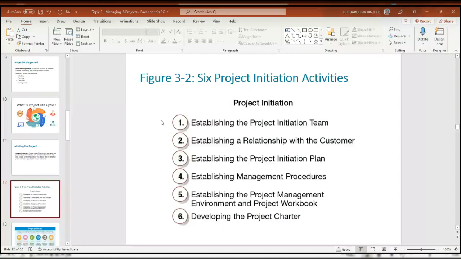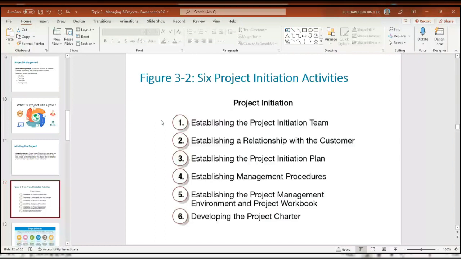Sebab any project based activity is considered in our industry, we consider a formal team, a formal form of a team project. The involvement tu mesti di-establish sebab dia ada peruntukan jam, waktu lah, jam and contribution that they have to make for the project.